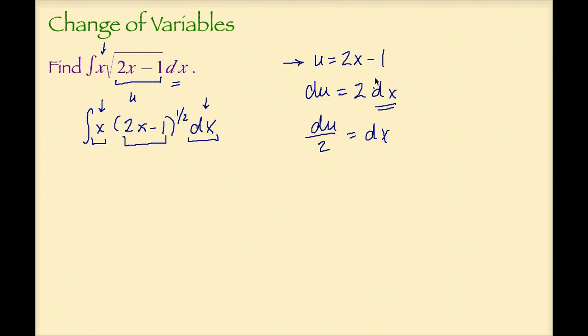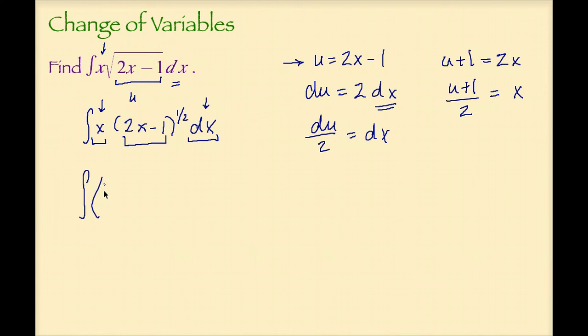So I have expressions with u to replace 2x minus 1 and dx, but I also need to replace the x. So let's go back to this expression and solve for x. U plus 1 is equal to 2x, which means x is equal to u plus 1 over 2. Now, let's rewrite the integral using our expressions in terms of u.